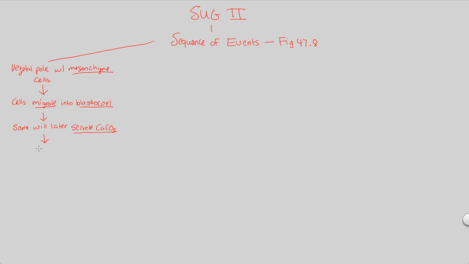Of course, if you remember, CaCO3 is a critical component of an internal skeleton of many organisms, and thus, later on, as a result of this cell migration process during gastrulation, eventually, you will form what is known as a simple internal skeleton that the sea urchin possesses upon complete embryonic development.